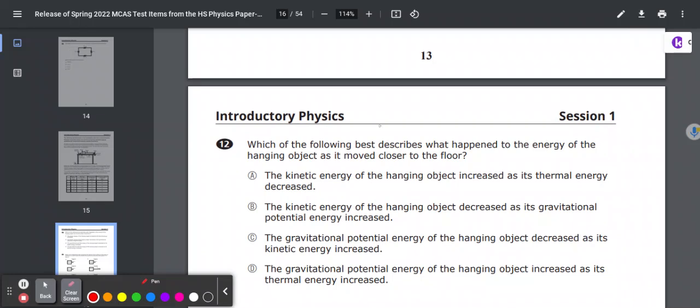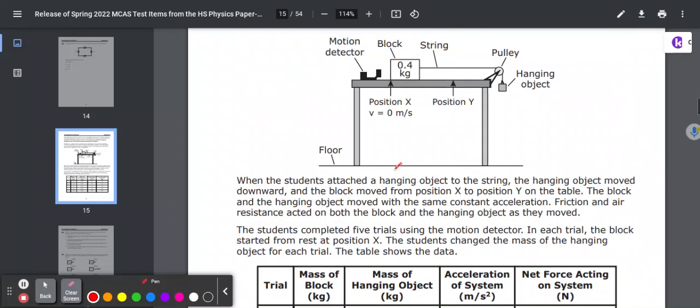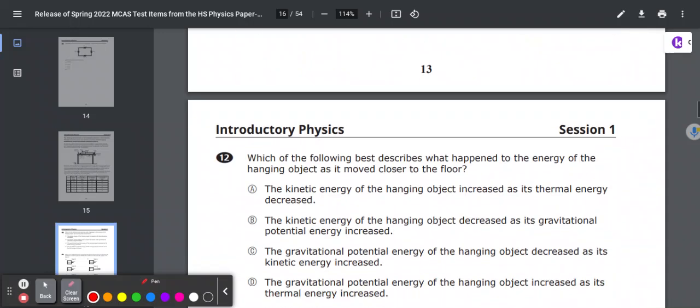First of all, we have to notice that in this case, the hanging object is the object here, and you have to consider the change in energy that happens as the object changes from a higher position to a lower position.